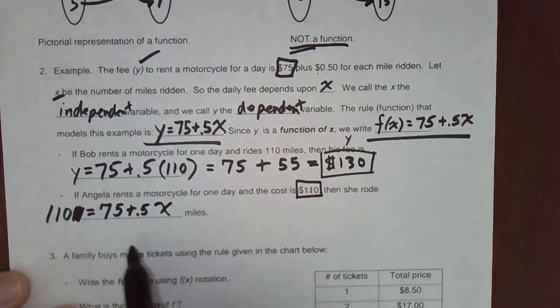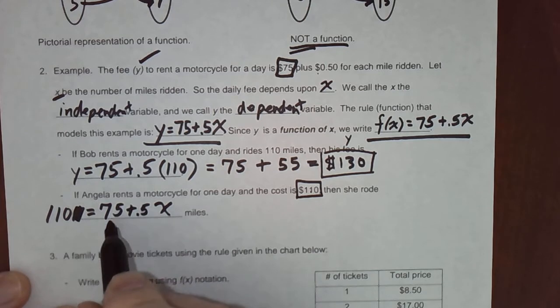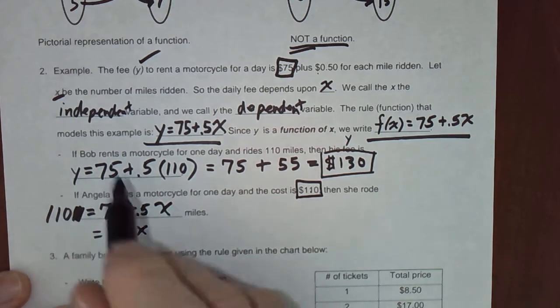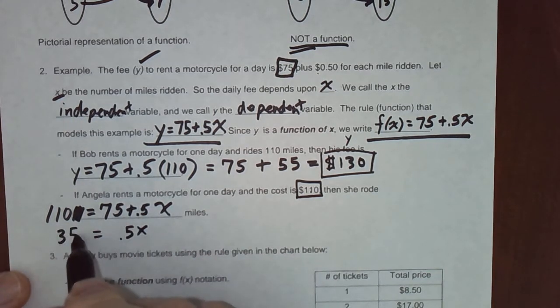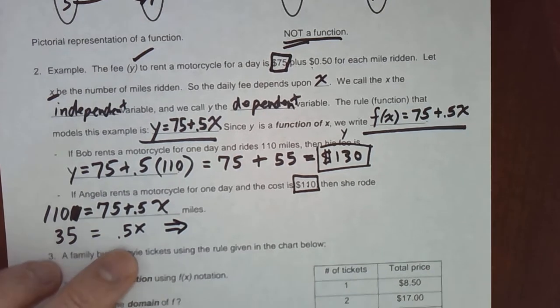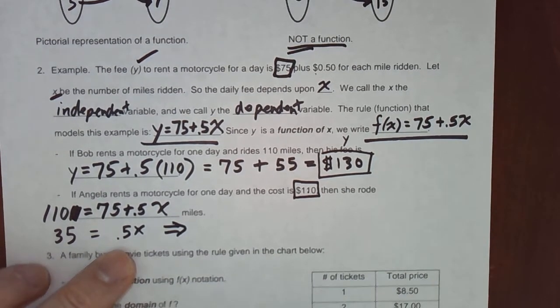So I'm running out of room here. Let's say if I subtract 75 from both sides, I'll get 0.5x on the right-hand side, and I would get 35, 110 minus 75, on the left. Well, what does that tell us? Now I'm going to divide both sides by 0.5. Well, we can think about that as just multiplying both sides by 2.